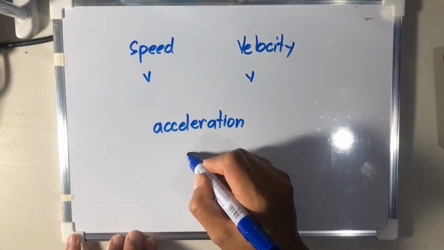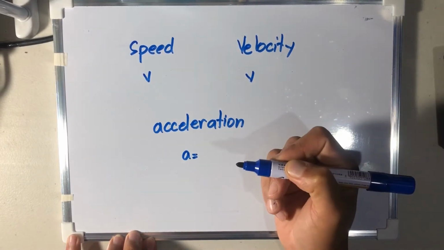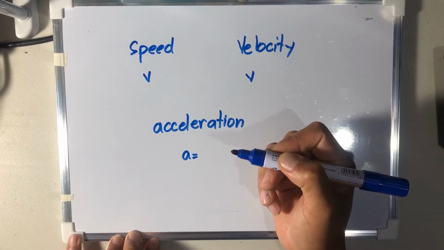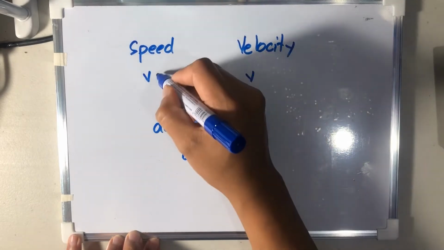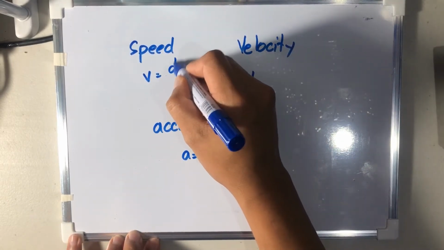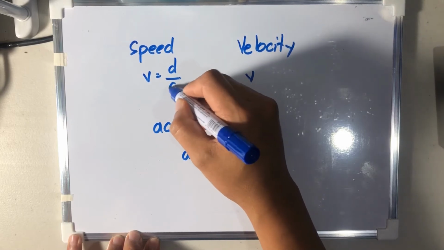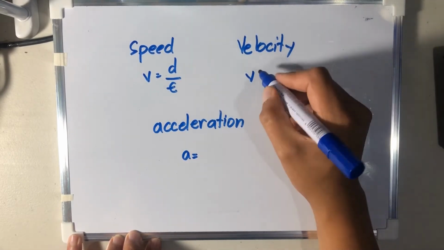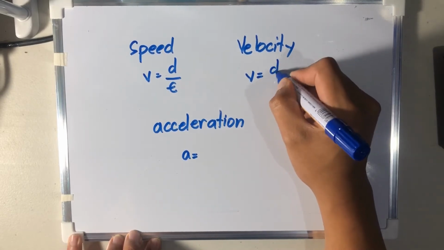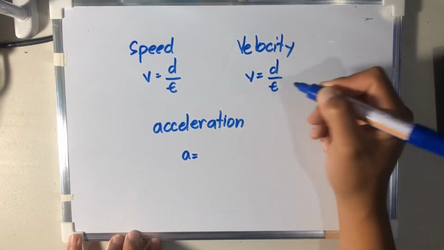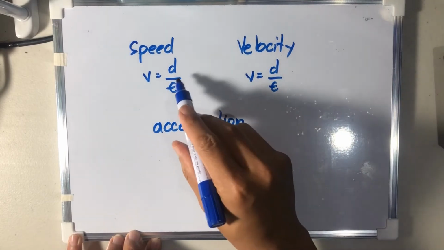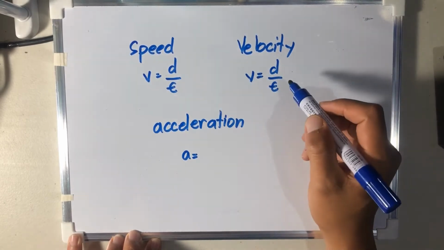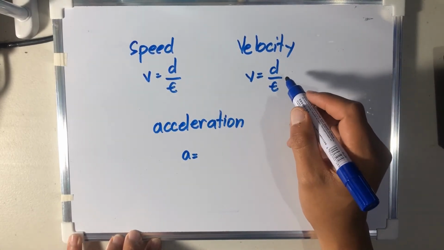For acceleration, that would be a. Speed is defined as the ratio of the distance over the time elapsed. That is also the same with velocity, however, it would be displacement over time.